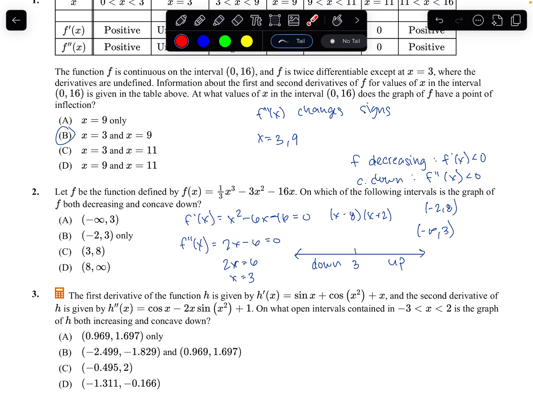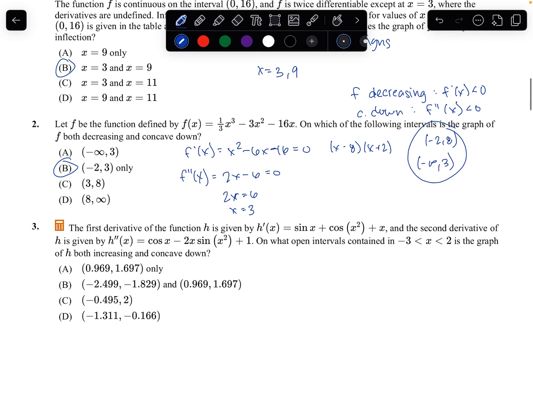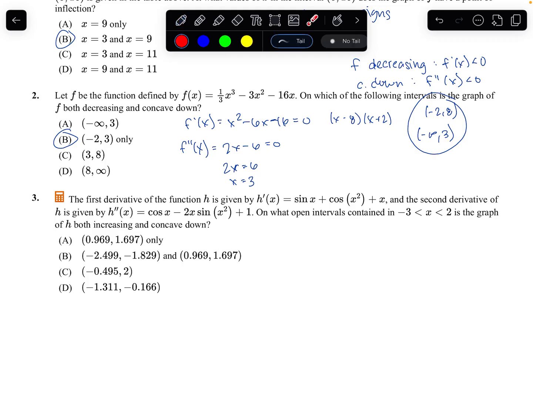It's going to be decreasing and concave down from negative 2 to 3. So B. There you go. That's where those intervals intersect, or cross over, I guess you could say.